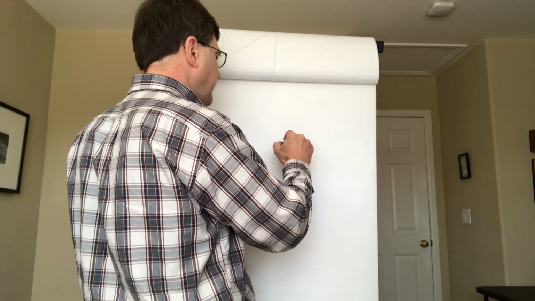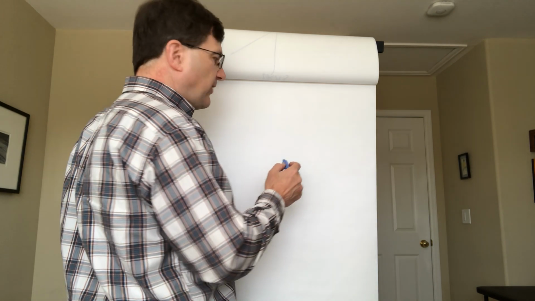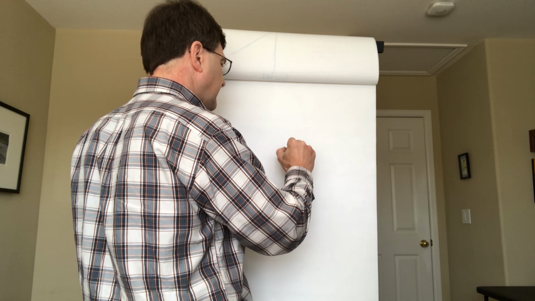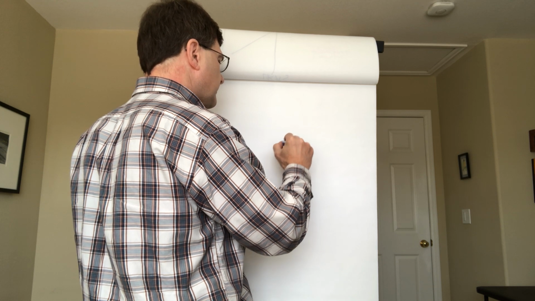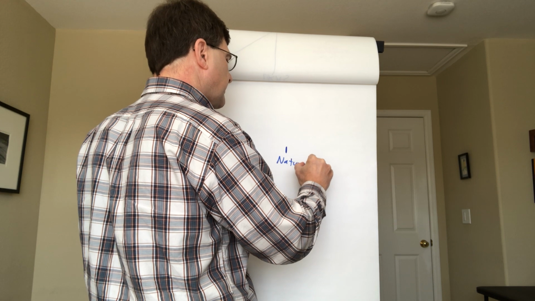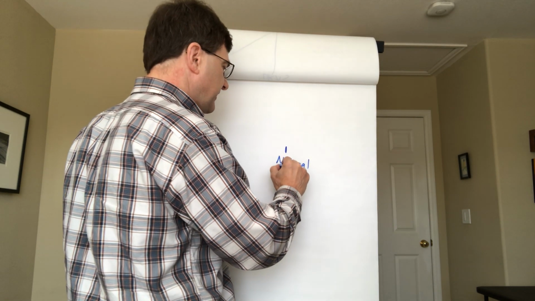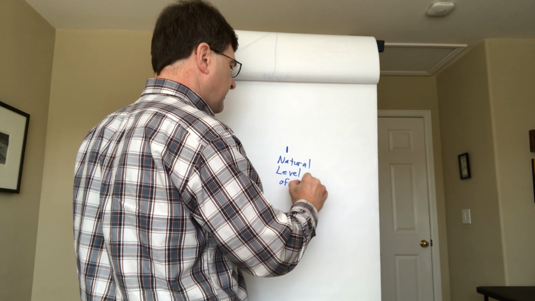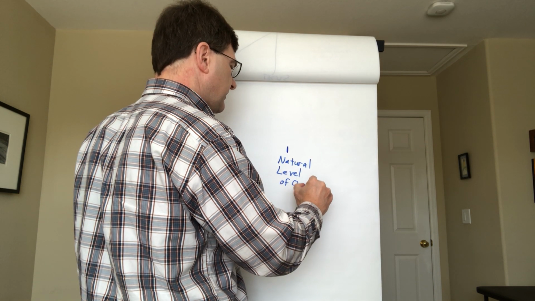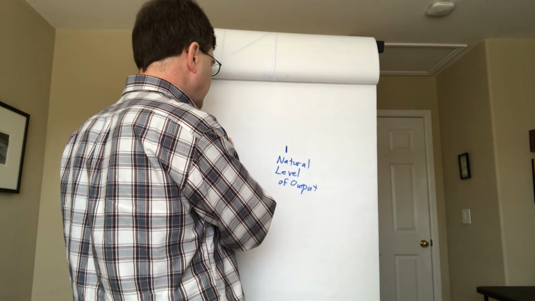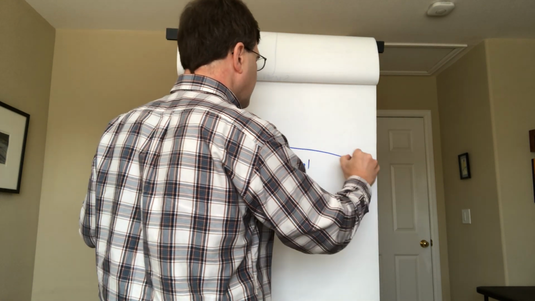So what we have here is that level of output at which you have the long-run aggregate supply curve, that vertical level, is called the natural level of output. So this is going to look like a number line in a minute. Okay, so I've got this natural level of output, or GDP, right here on my number line.